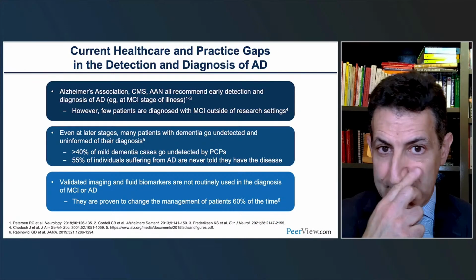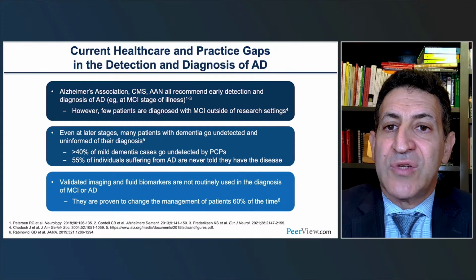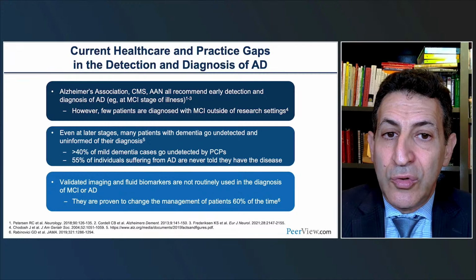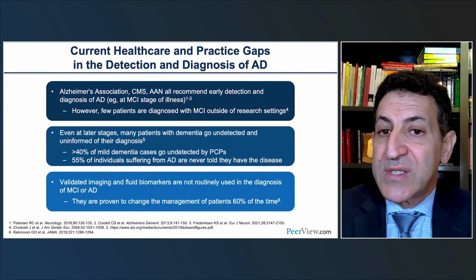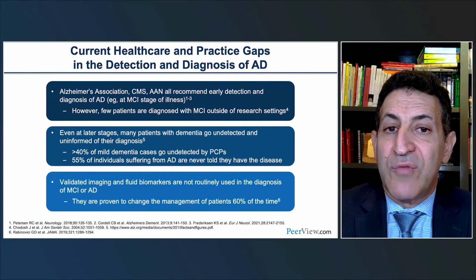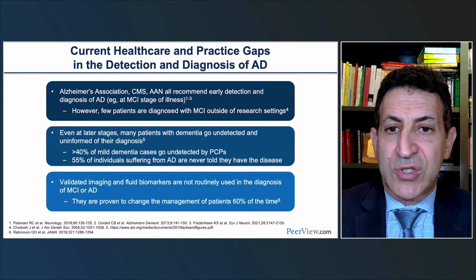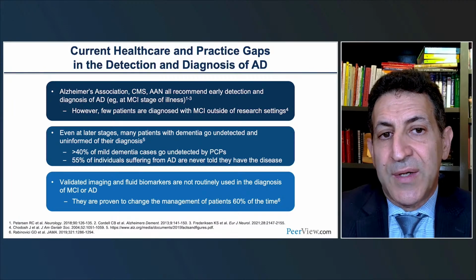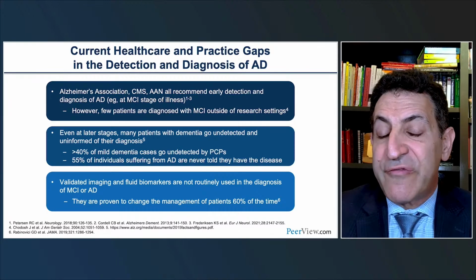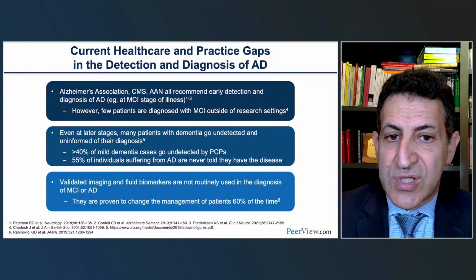We'll come back to that later. So the current healthcare and practice gaps in the detection of Alzheimer's disease include understanding that the practice guidelines don't really have very good informative ways to differentiate this. And Professor Mielke, I'll ask you to comment on the practice guidelines later in this talk, because we know that a lot of patients are not being diagnosed with mild cognitive impairment outside of research settings.